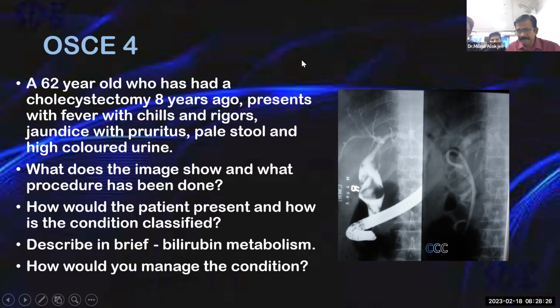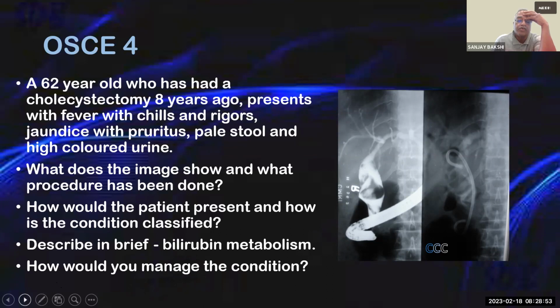Sir, abdominal pain, fever, and intermittent pain, intermittent fever, intermittent jaundice is classic. Yes, what is Reynolds pentad? Sir, associated with CNS symptoms and shock, hypotension. So this is indicative of what? Apart from this, patient has some CNS symptom and shock. Indicative of what? Cholangitis, sir. Yes. Indicative of? Sepsis.